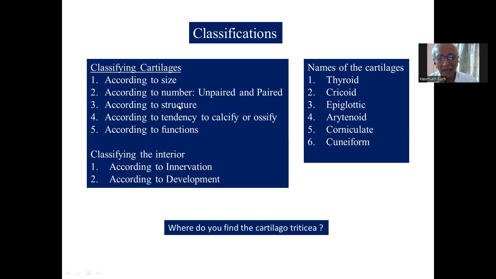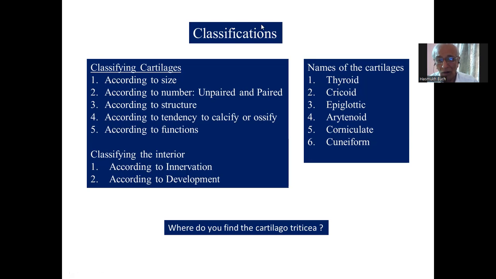If it is a hyaline cartilage, then it has a tendency to calcify and ossify. As for example, thyroid cartilage is a hyaline cartilage. So it has a tendency to calcify or ossify. Generally, unpaired cartilages are hyaline. That's why thyroid, cricoid. But exception is epiglottis. Epiglottis is elastic cartilage.